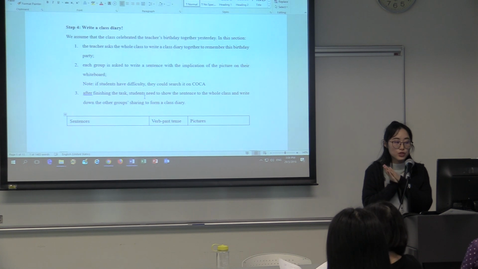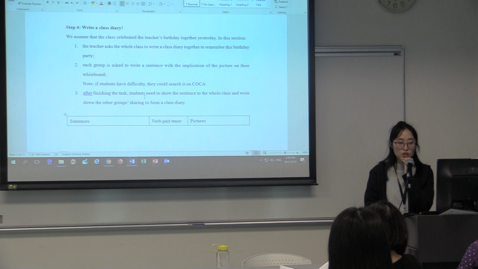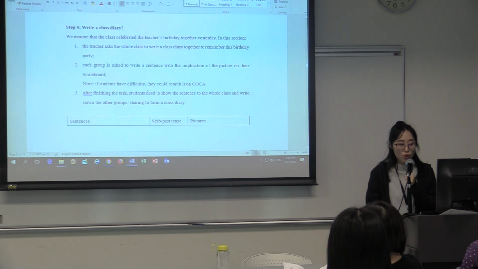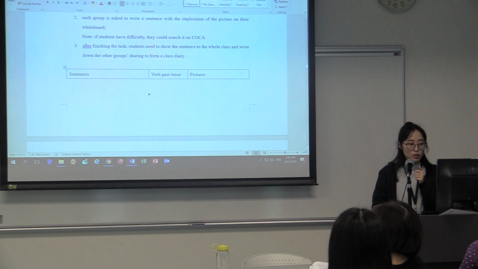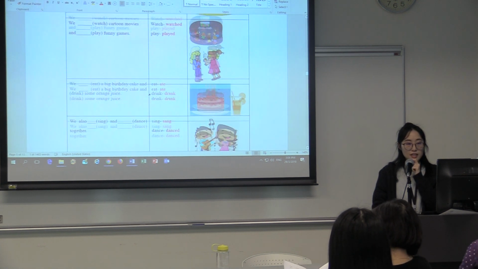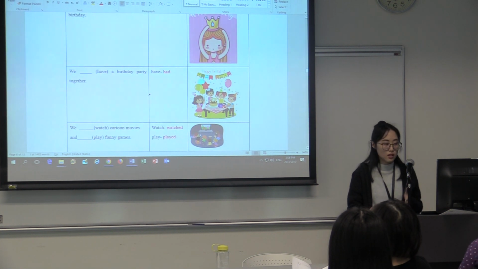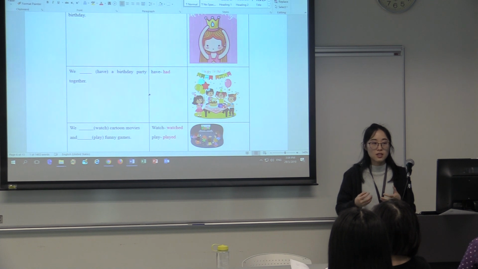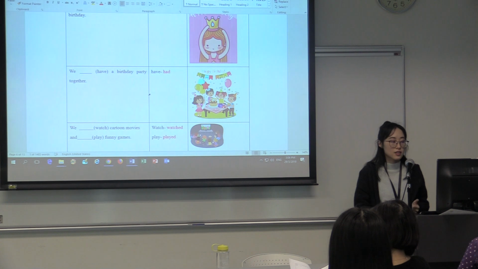We assume that. So the teacher will ask the whole class to write a class diary together to remember this party. Each group is asked to write a sentence with the help of the picture on their worksheet, and they need to write the sentences on their whiteboard. We hope that these pictures can provide good scaffolding for students to write the sentences.